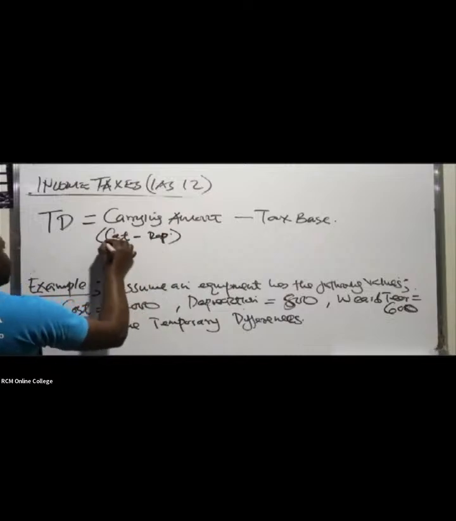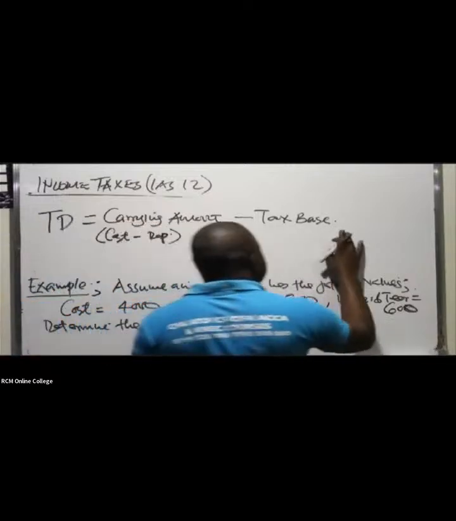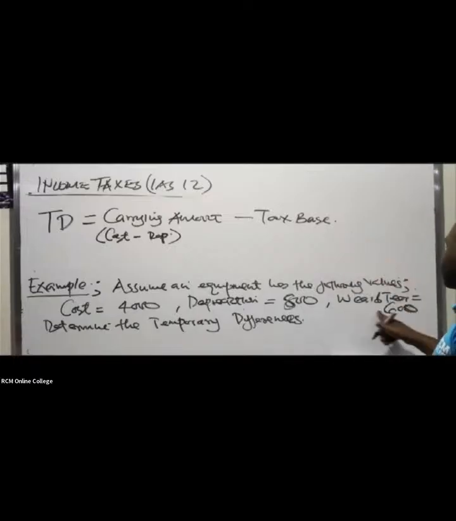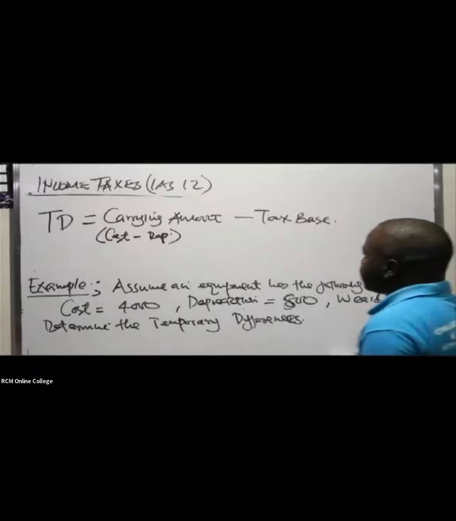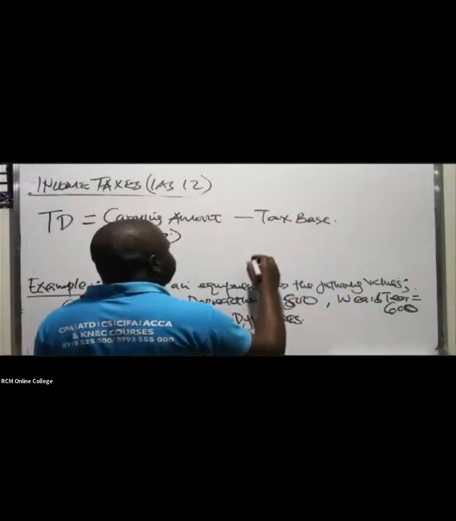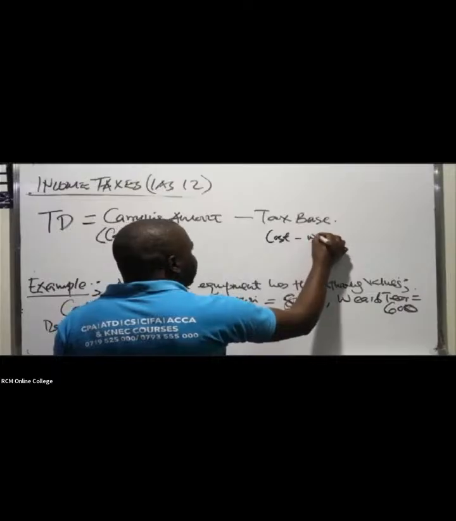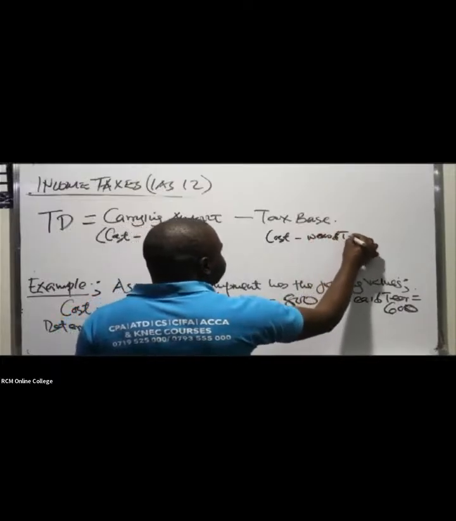So for the taxman, he doesn't understand this language of depreciation. He understands wear and tear. That's what is required in the tax requirements. Therefore, for him, cost minus wear and tear will be his language.